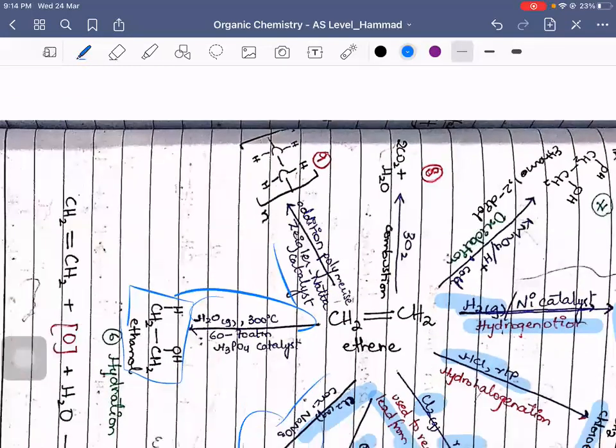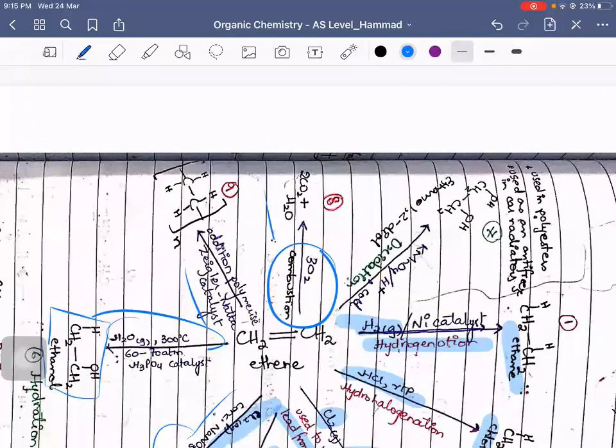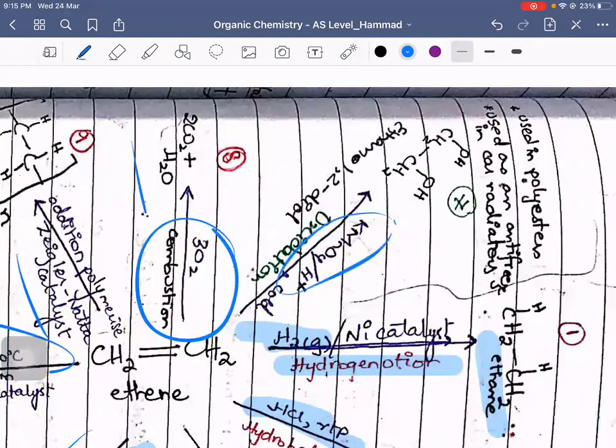Moving forward, if I were to add oxygen to an alkene, it will produce carbon dioxide and water because these are the combustion products. Please understand that KMnO4 is a strong oxidizing agent, right? And KMnO4 has the tendency to oxidize ethene into diol. Diol is basically a compound having two OH groups present.